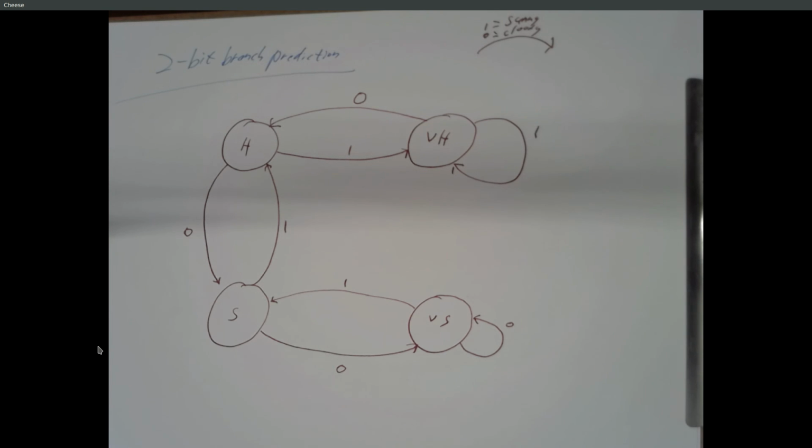And you can use this exact state machine to predict whether or not you're going to take a branch that hasn't occurred yet. So that when you get to that branch instruction, hopefully if you decided it was going to be taken and it's been taken, you'll be fetching instructions from the correct place in memory. Or if you predicted it was not going to branch and in fact it's not branched, you've been fetching instructions that come right after that, and those are the instructions you actually need.